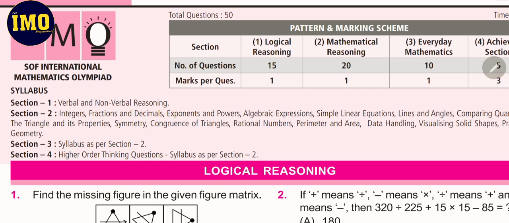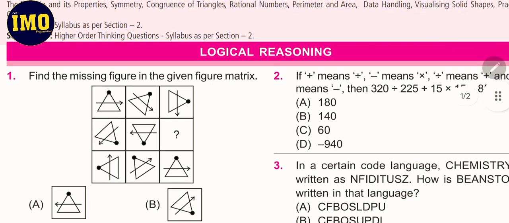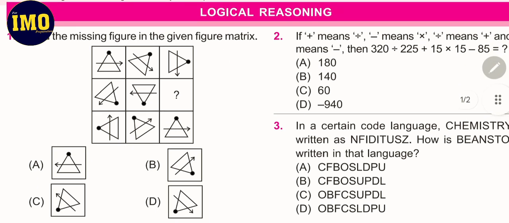Now, we'll start from question number 1, which is: find the missing figure in the given matrix. The matrix is given and there are 4 options for you.